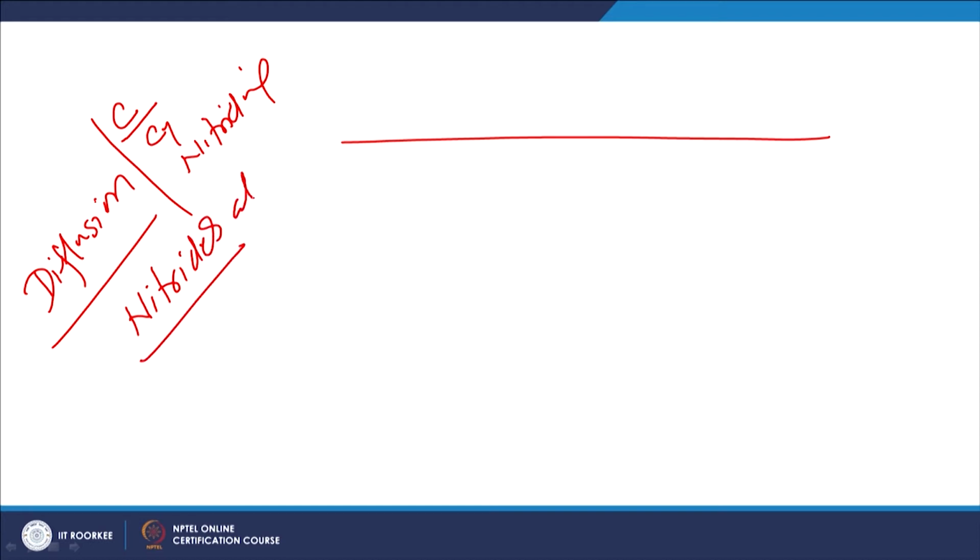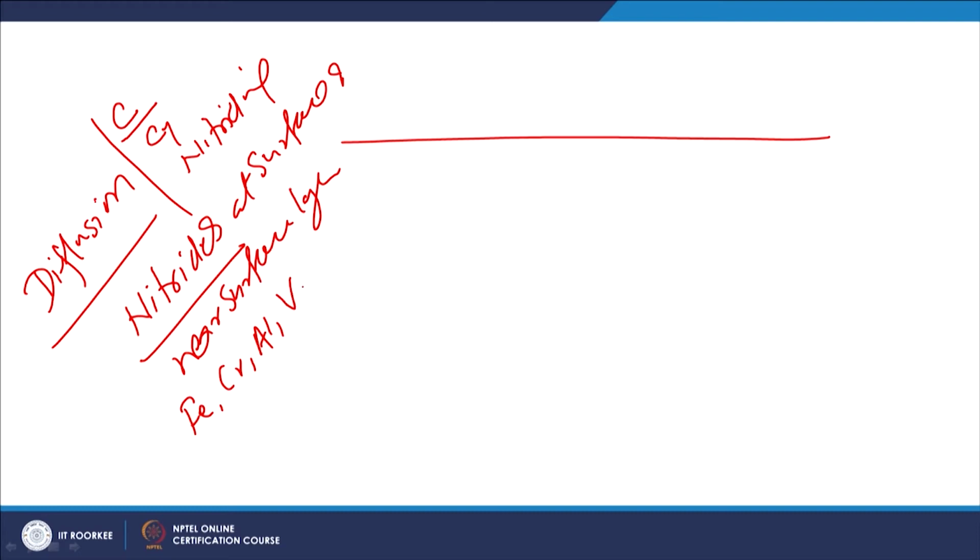As the name suggests, in nitriding the objective is to form nitrides at the surface and near surface layers. All types of nitrides may not be good, especially nitrides of iron, chromium, aluminium, vanadium, molybdenum, titanium.